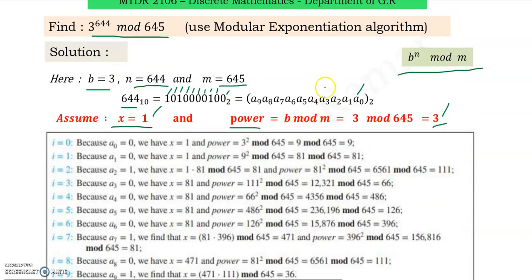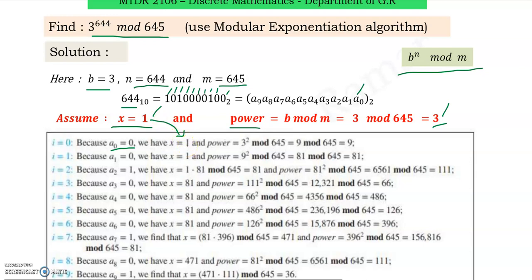Here, from right to left, I am checking. So a0 is equal to 0, first value. If 0, what do you have to do? Whatever you assumed for x, you have to take that one. So now x is equal to 1.